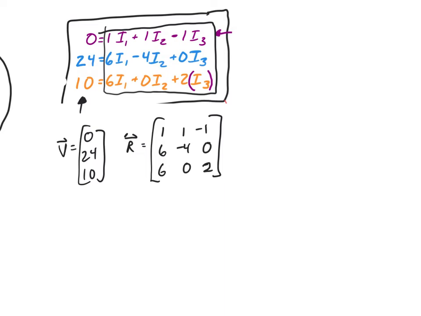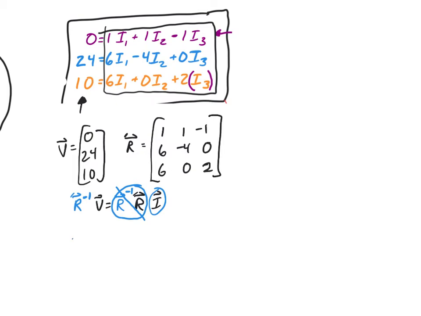How the currents get in there is that voltage is equal to that resistor matrix multiplied by the current vector. But I can get rid of this. I can solve this for the current by multiplying both things by the inverse of R, specifically on the left-hand side. It has to specifically be on the left-hand side so that these two are next to each other and they cancel out.